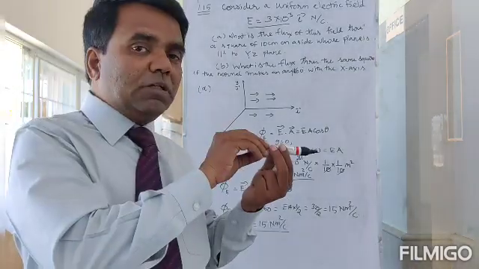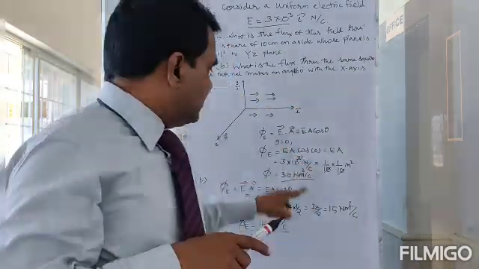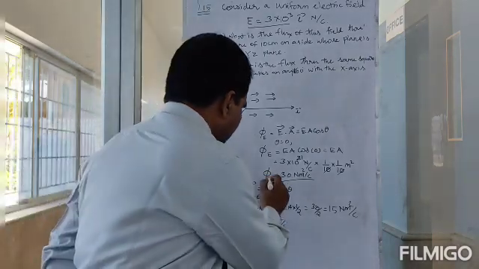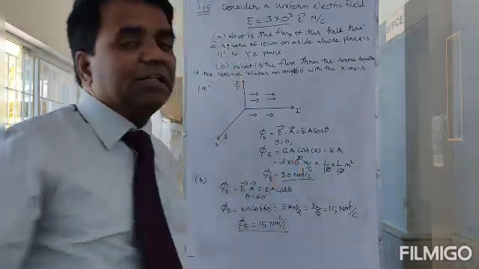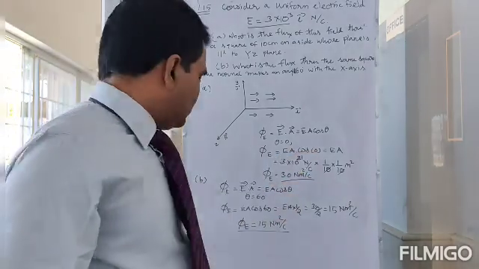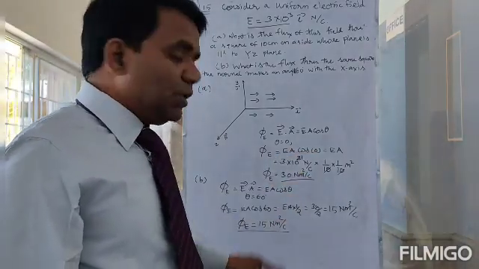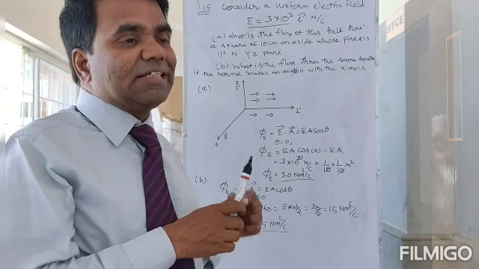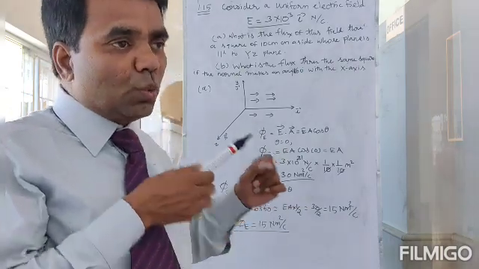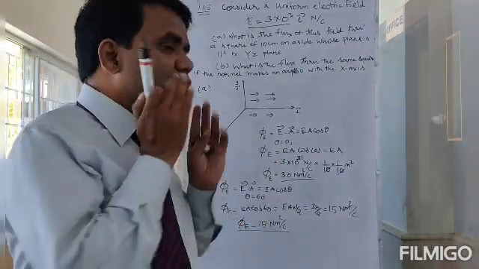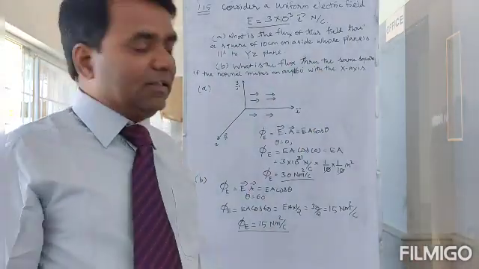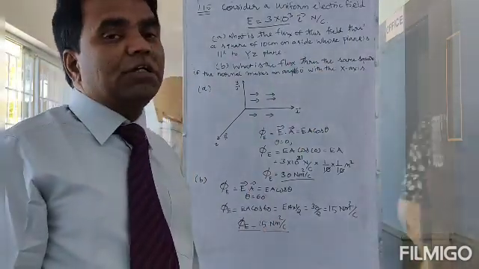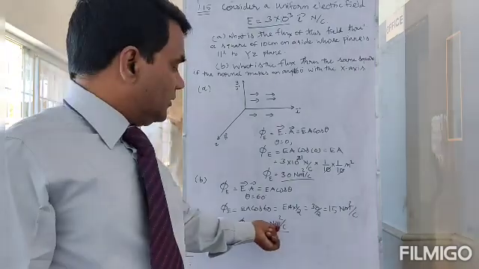So when the normal is parallel to E, the flux is 30 Newton meter square per coulomb, and when the normal makes an angle of 60 degrees with E, then the flux through that area would be just 15 Newton meter square per coulomb.